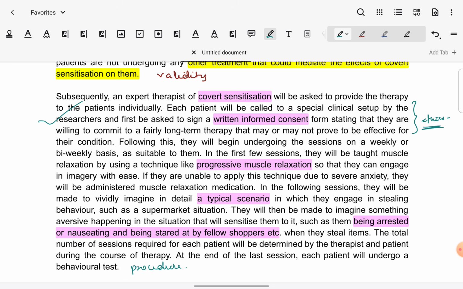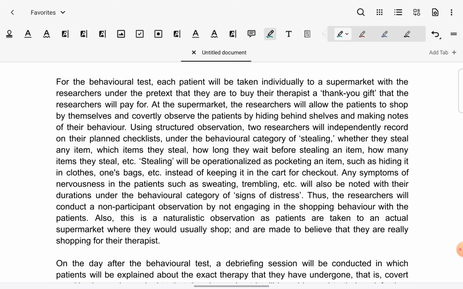So make sure to include ethical guidelines wherever they are appropriate, wherever they should come in a stepwise manner in the procedure, just write them there. You could write them separately, like a separate paragraph, informed consent will be taken and all, but I just feel the organization and flow becomes better if you write it where it will be done in the study. Okay, so then I have described the procedure.